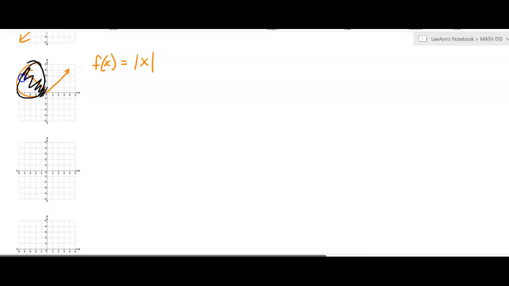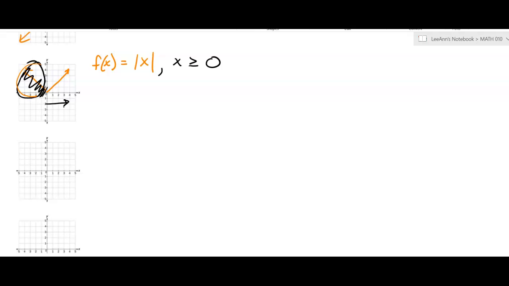So we're going to just take it out. So here's how we restrict it so it'll be one-to-one. We say, hey, you can have the absolute value function, but x has to be greater than or equal to 0. And so what we've done is we've restricted the domain, and then we said, okay, we only want this half of the graph, and that means it'll be one-to-one then, okay? So it's a restriction on the function, and now it's one-to-one, okay?